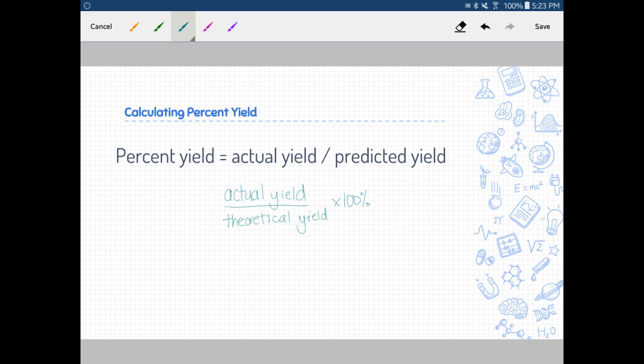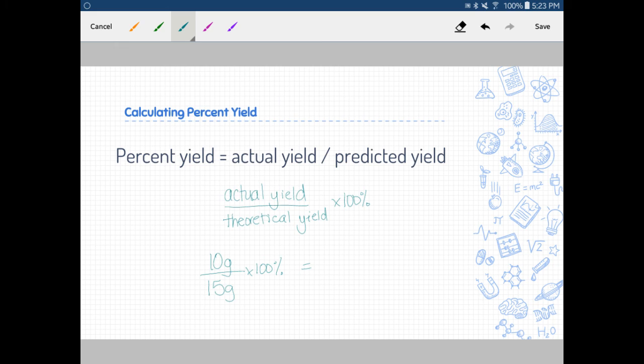So if we were to have, say, our actual yield to be 10 grams, but we calculated that we were supposed to get 15 grams, then we multiply that by 100%. So this would equal 10 divided by 15 times 100%.